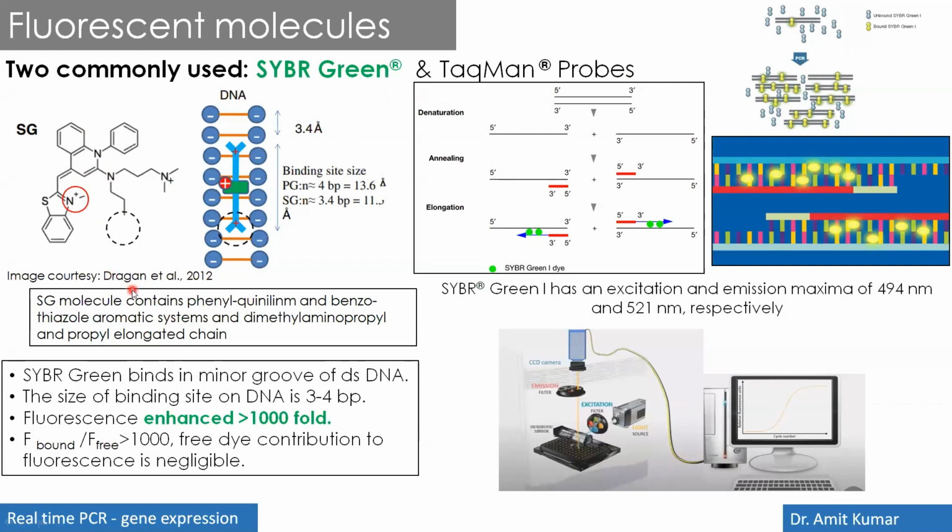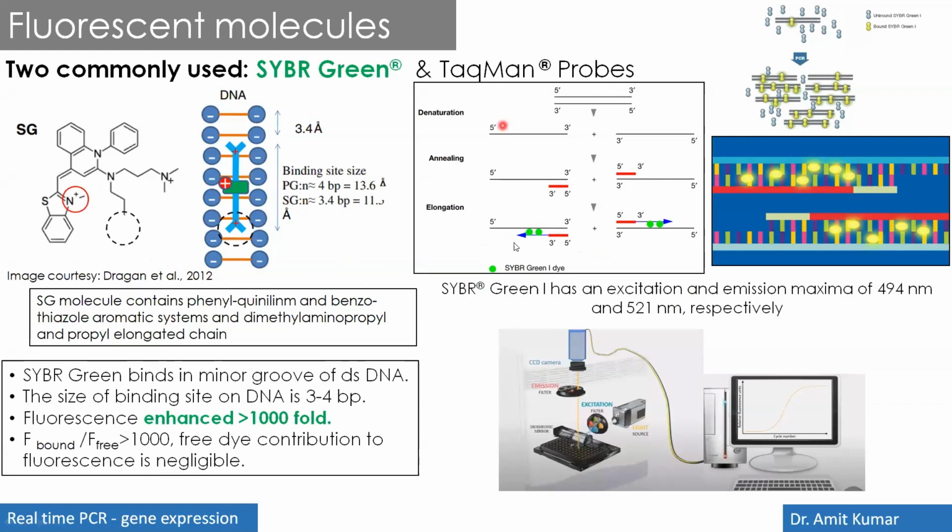So initially you have some fluorescence of the SYBR Green. However, once it binds to the DNA, the fluorescence is enhanced almost 1000 times. That tells you how much amplification of copy number is happening.